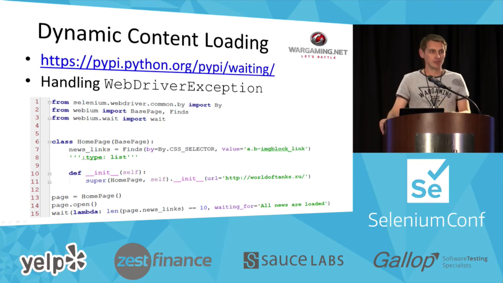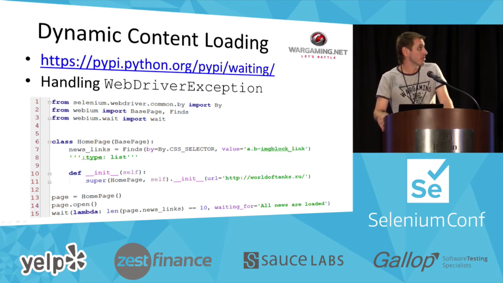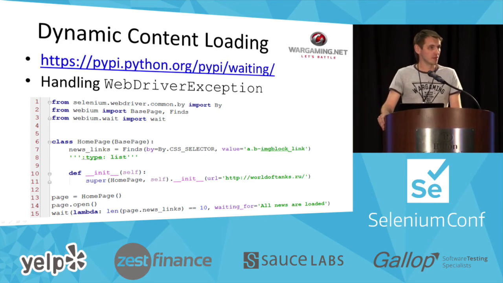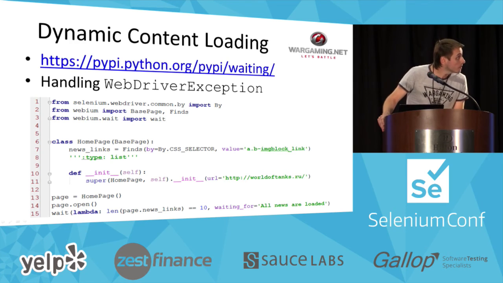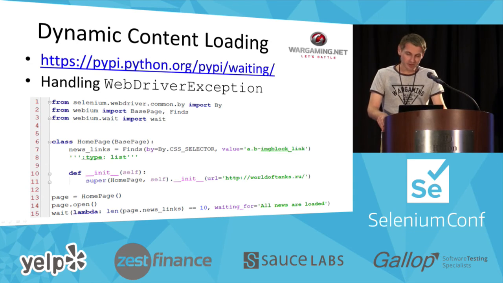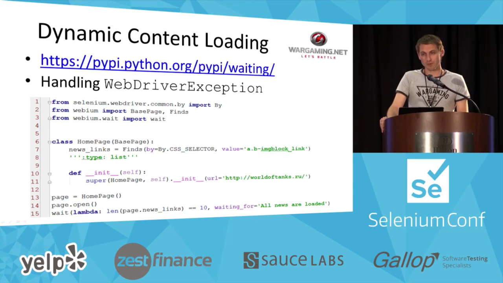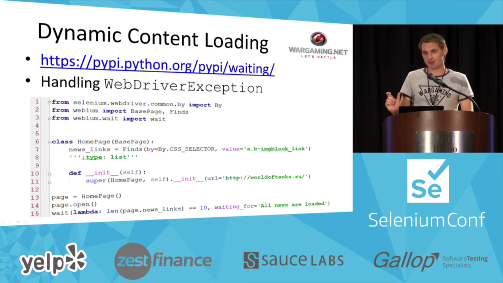In our case, we use a Python library which is called waiting. It contains a wait function. We created a wrapper for the wait function and included it in Webium. The difference is that our wrapper handles any WebDriver exception. Actually, ignoring generic exceptions is not the correct way in Java, for example, but in most cases it is what you need. You of course will get a less detailed log, but the test scripts will work more stable.